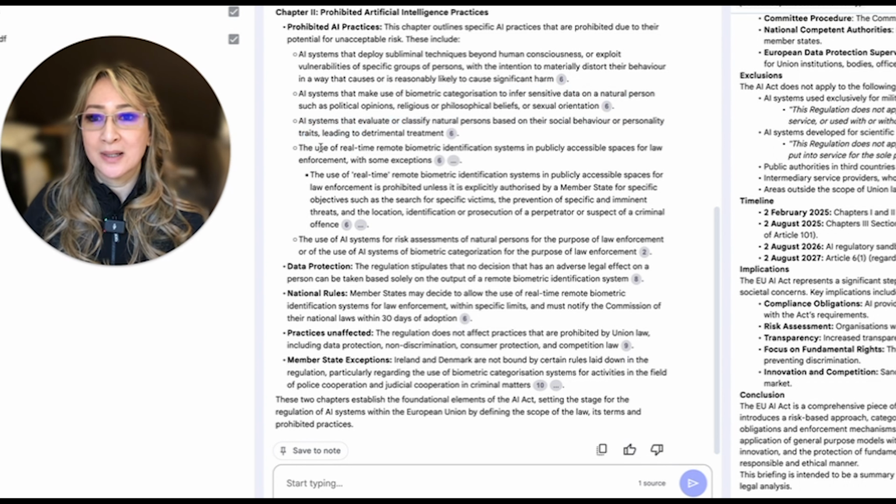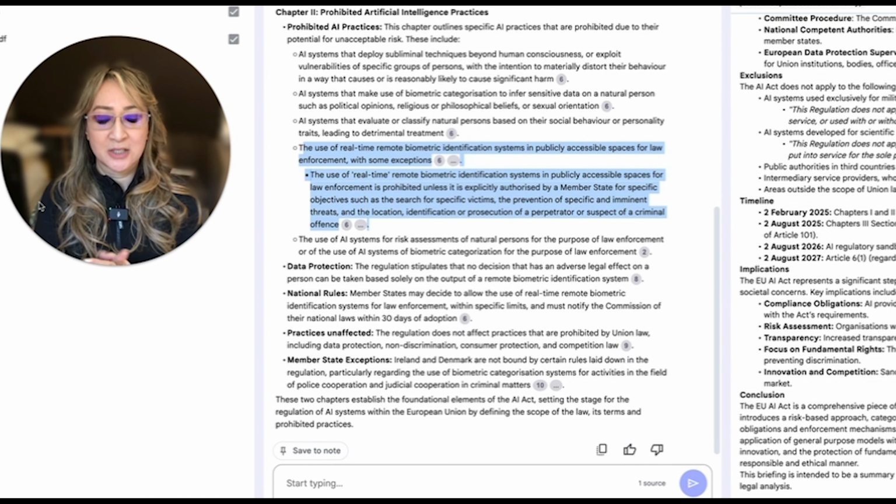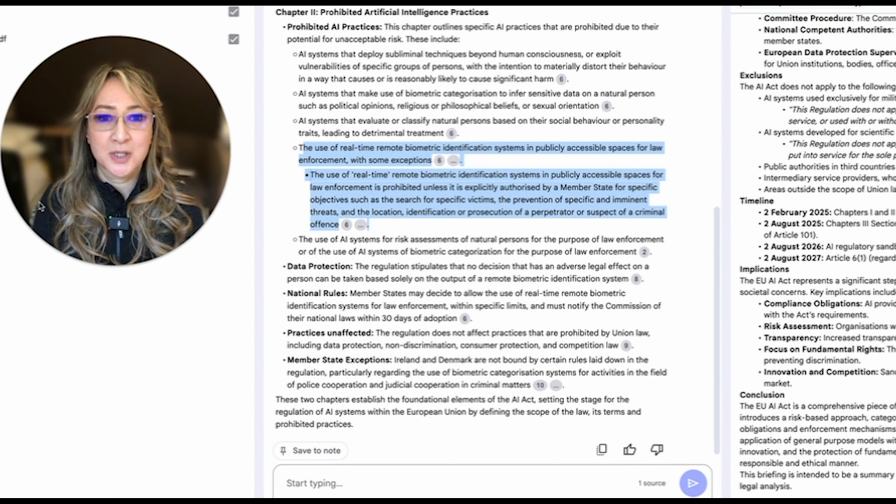Okay, the next one is the use of real-time remote biometric identification systems in publicly accessible spaces for law enforcement, with some exceptions.